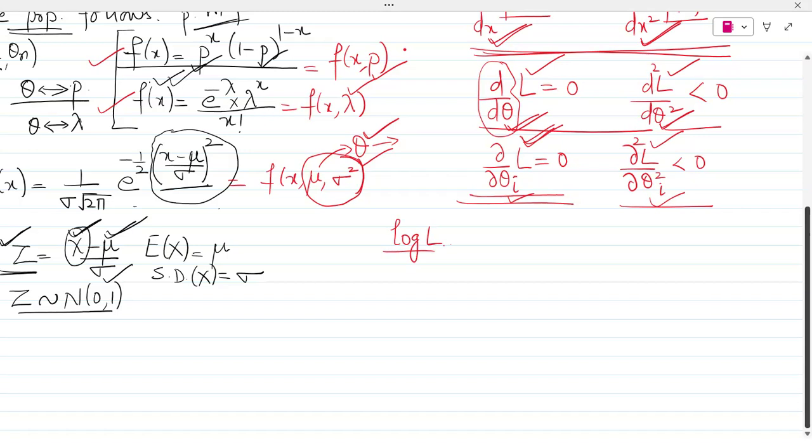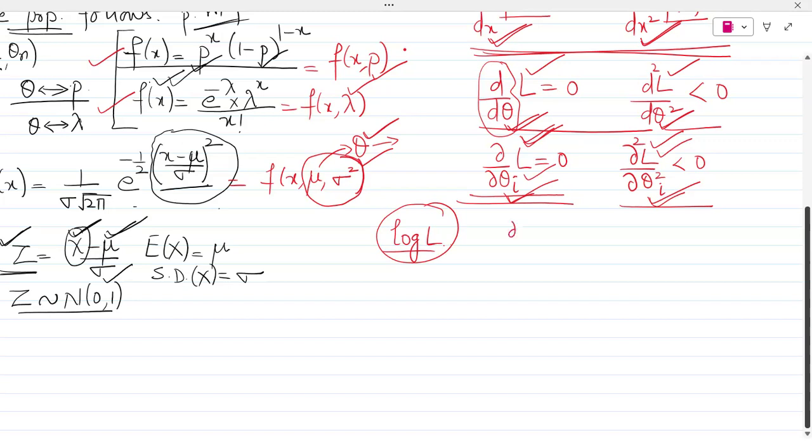In our questions, finding the derivative of L with respect to the parameters is a typical thing; the calculations are a bit complicated. But finding the derivatives of log L with respect to the components of theta is comparatively easy. This we will see very soon, and I will point it out also.